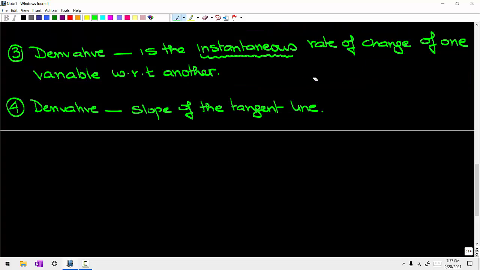When we talk about the slope of the tangent line, we are talking about the instantaneous rate of change of y with respect to x, because slope is rise over run, except we're doing the instantaneous rate of change.